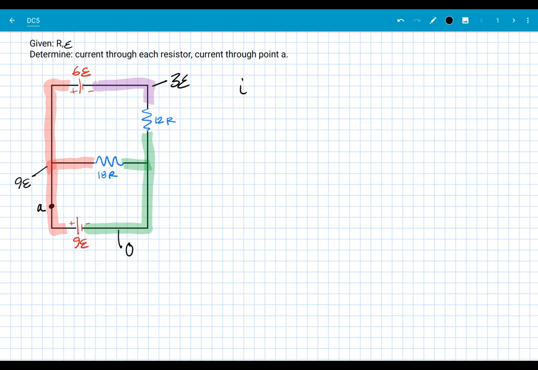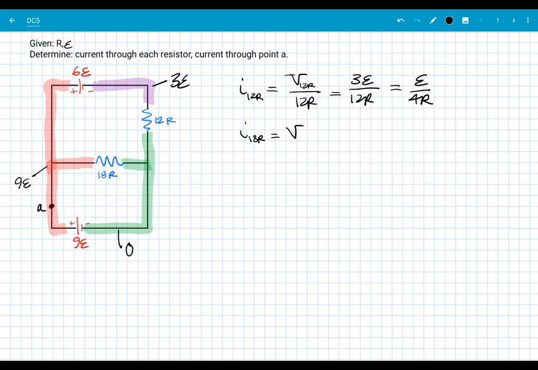So the current through the 12R resistor is just going to be the potential across the 12R resistor divided by its resistance, which is 12R. And again, the potential drop across that resistor I know is 3E. I just mapped that out, purple to green, over 12R. So that gives me E over 4R. I just found the current through the 12R resistor. Cool. Now let's do the 18R resistor.